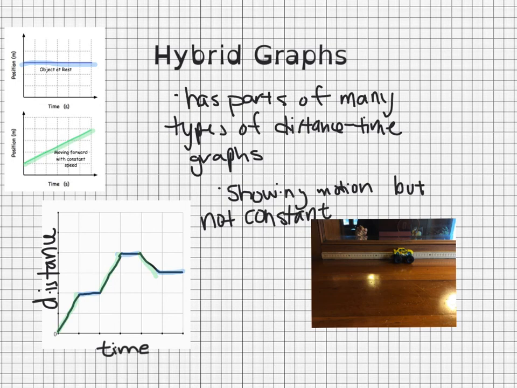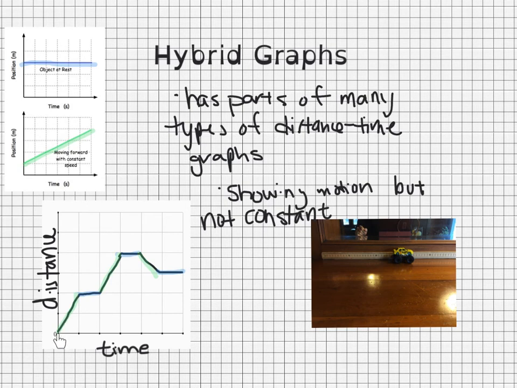So for our example, we could say the toy car started moving at 0 centimeters forward with a constant speed, remained at rest, and then went forward to 40 centimeters at a constant speed, remained at rest, then went backwards at a constant speed to 30 centimeters and remained at rest. That's kind of a mouthful, right, but I'll say it one more time.